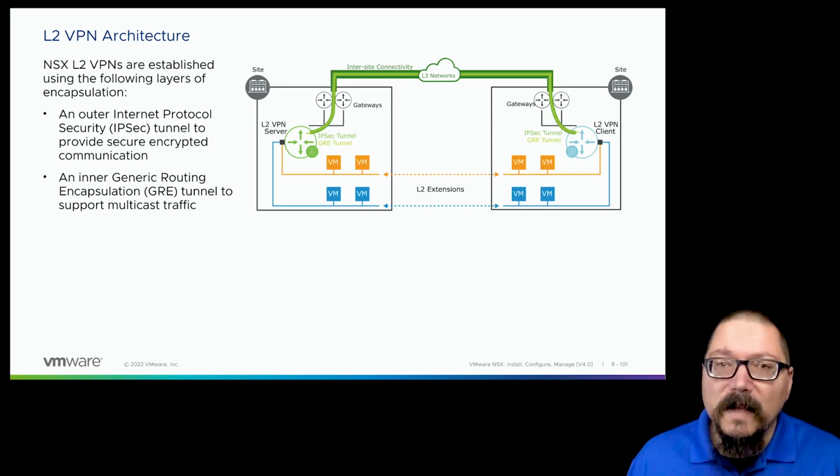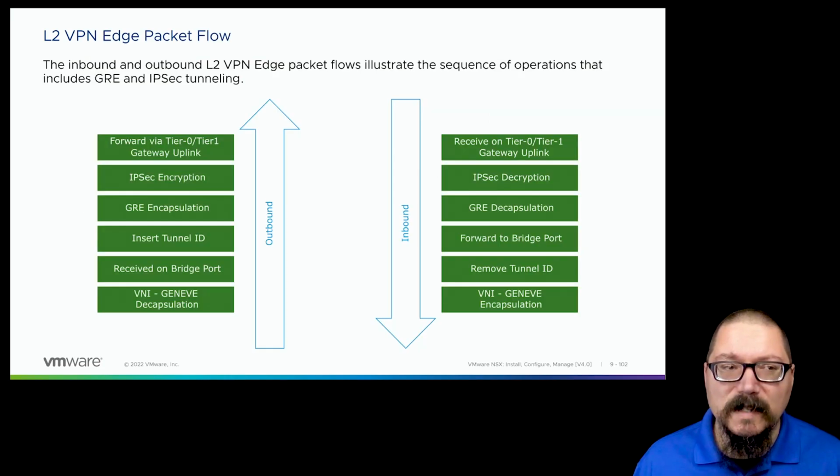Now, as we dig into this, we'll actually see that IPsec is being used, right? We're using our IPsec VPN and layering the layer 2 VPN on top of that. And the L2 VPN is going to use GRE and some other tools to be able to support that layer 2 stitching, that layer 2 attachment of different networks.